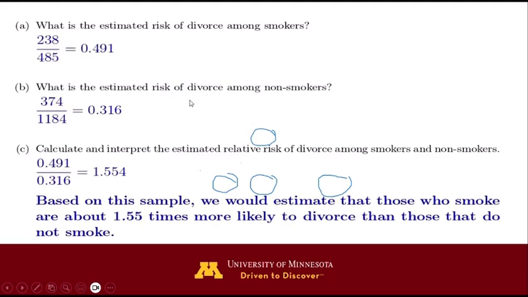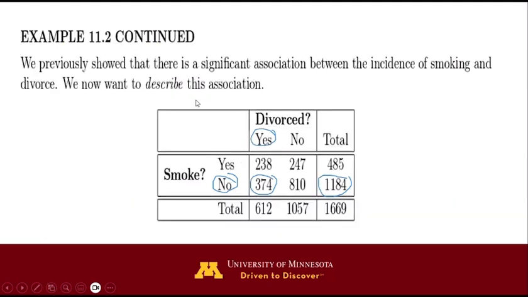I'm looking at the estimated risk of divorce among non-smokers, which means 374 of those who do not smoke divorced their partner. So the risk would be 374 divided by the totality of those who do not smoke. That is how we get an estimated risk for a particular class.